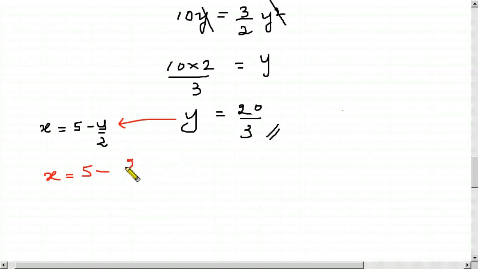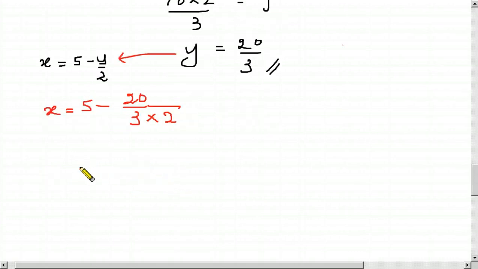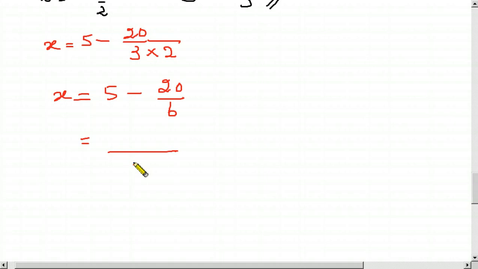So y is 20 divided by 3. So then this 2 goes to the denominator like this. Then x equals 5 minus 20 divided by 3 times 2 is 6. Then we can take 6 here, then 30 here, 1 times 6 times 5, 30 minus 6 times 1, then 20.